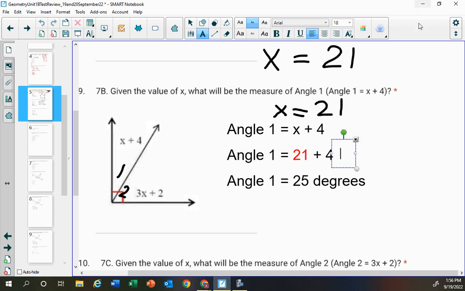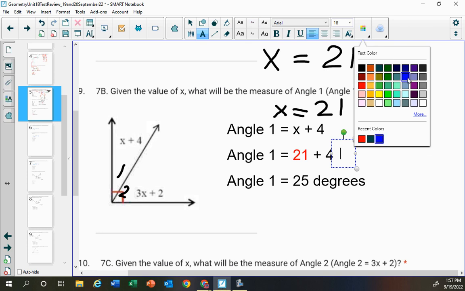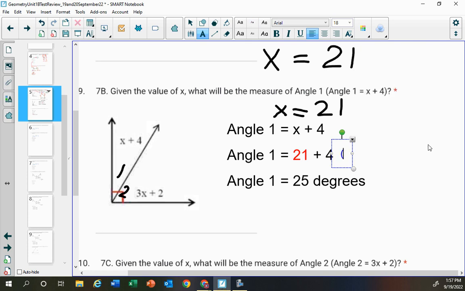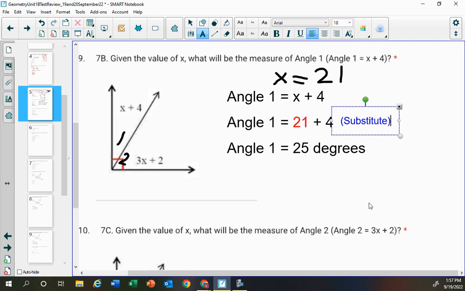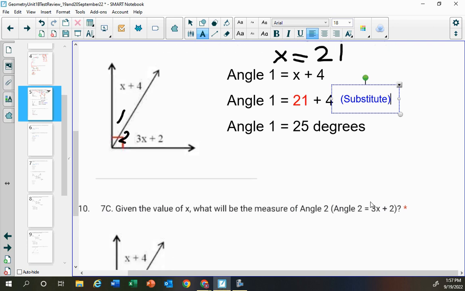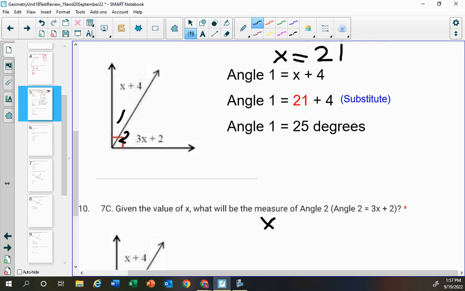Again, same thing. And you're going to do the same thing here. x equals 21.